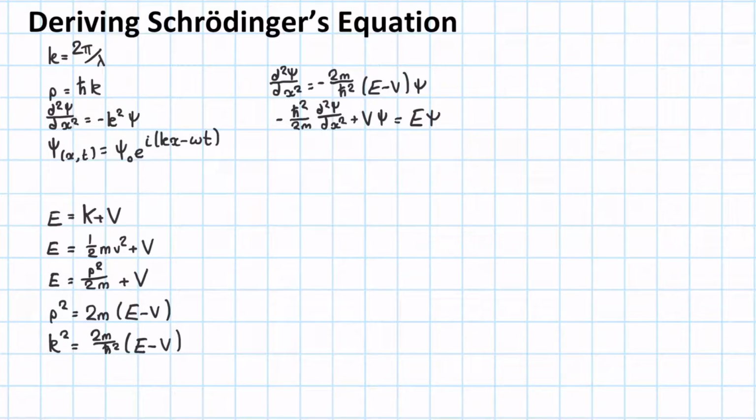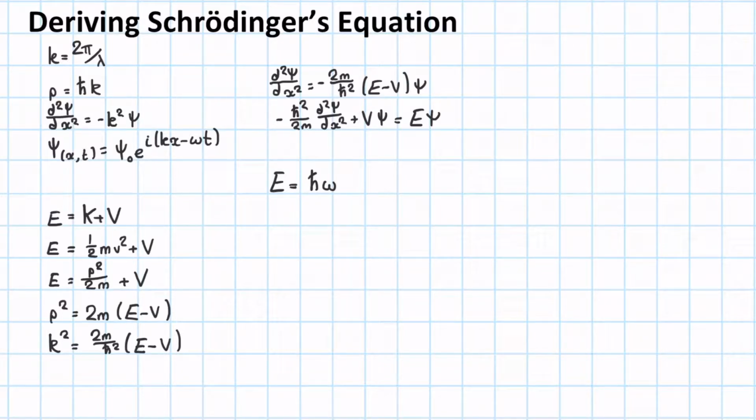Now this is the time-independent version of the Schrodinger equation, but we want the more general time-dependent equation. And this can be derived by noting that the energy of a particle is equal to hf, or h bar omega. Let's write that down. The energy of a particle is equal to h bar omega.